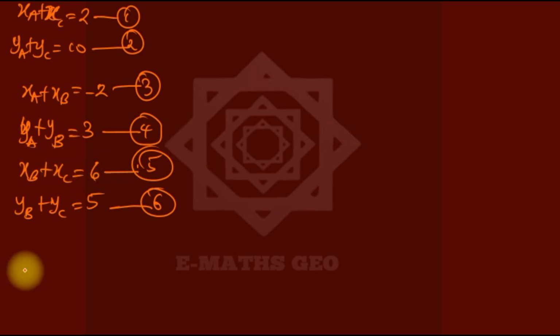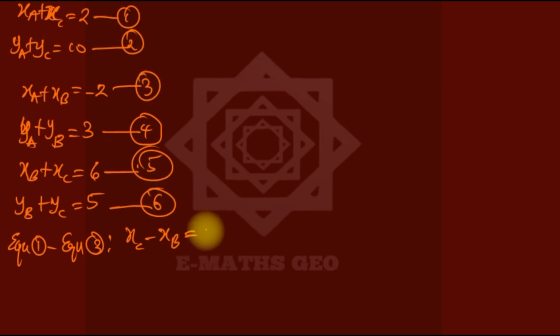XA minus XA is gone. We have XC minus XB equal to 2 minus (-2), that is 4. Let's call it equation 7. Which ones have XC and XB? Do you see it? So I can solve equations 5 and 7 simultaneously.